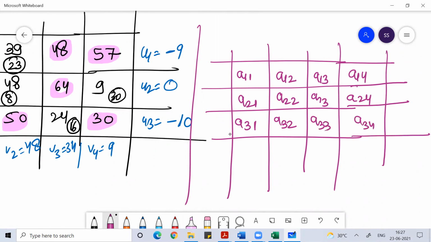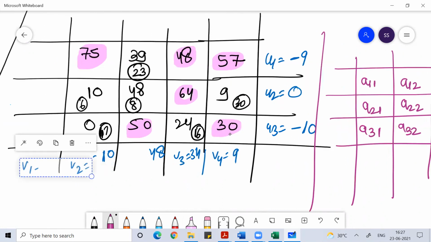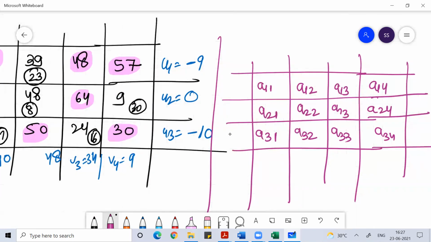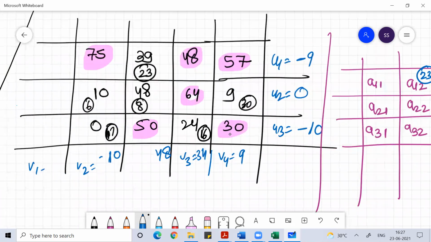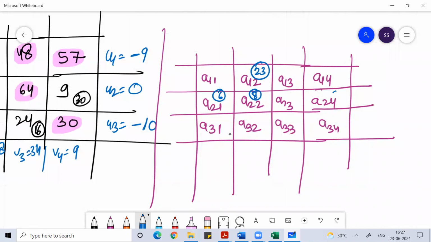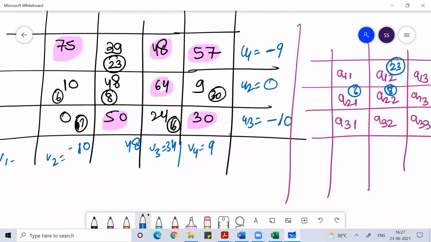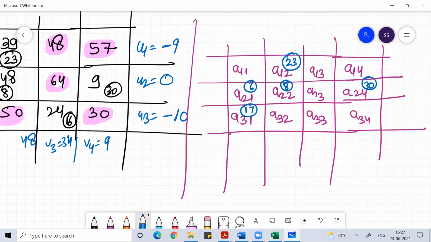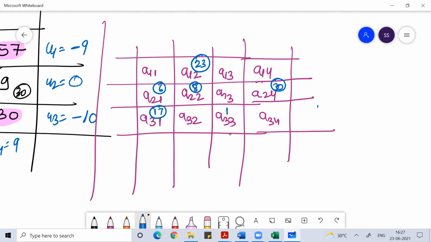Your allocation is 23 on this cell, 8, and then no allocation in the first row. Second row allocation: 6, 8, 30. This is your allocation, guys. The allocation should be non-degenerate. And this is 17, this is 16.